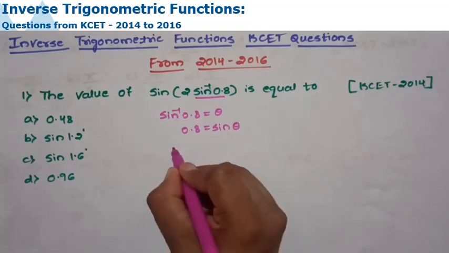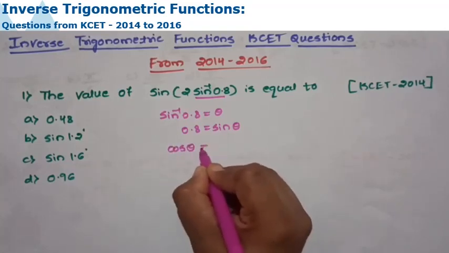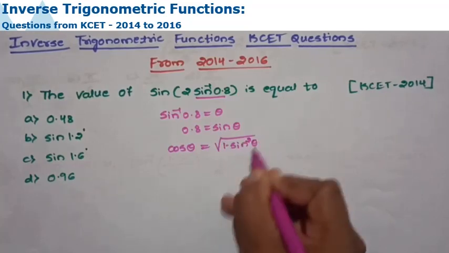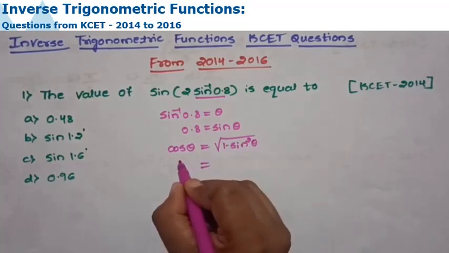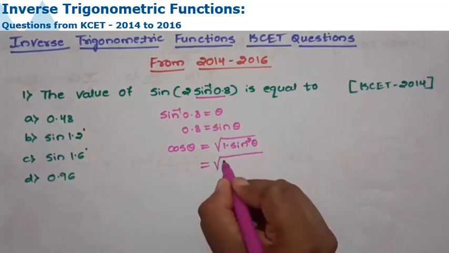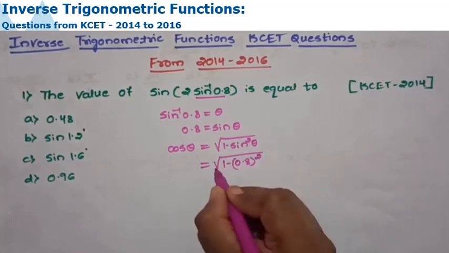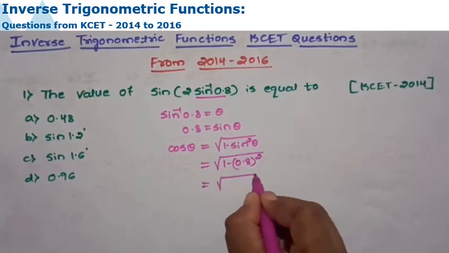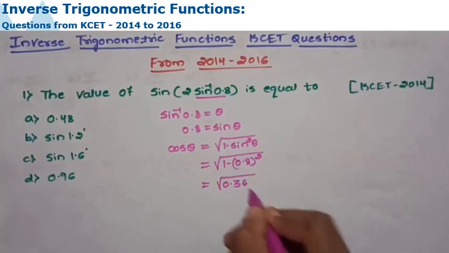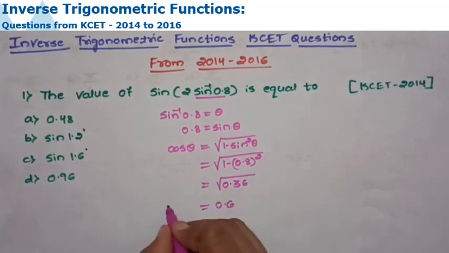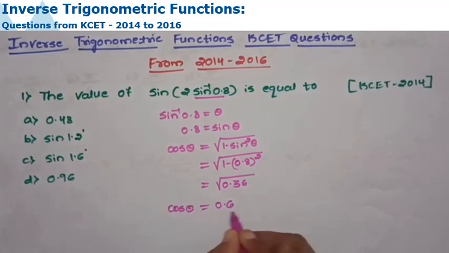By using that I can write cos theta as root of 1 minus sine square theta. So I am going to find the cos theta value. Root of 1 minus 0.8 whole square, 1 minus 0.64, therefore we are getting root of 0.36, which is 0.6. The value of cos theta is 0.6.